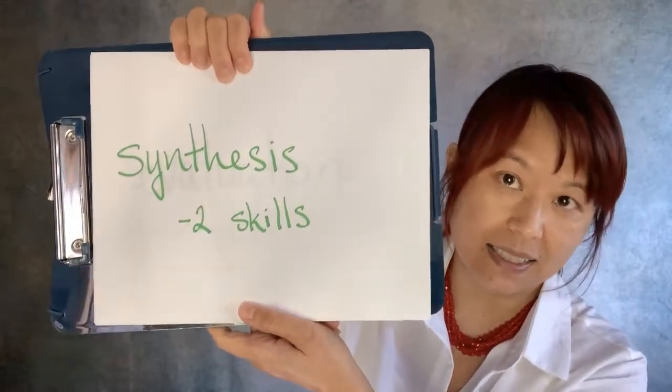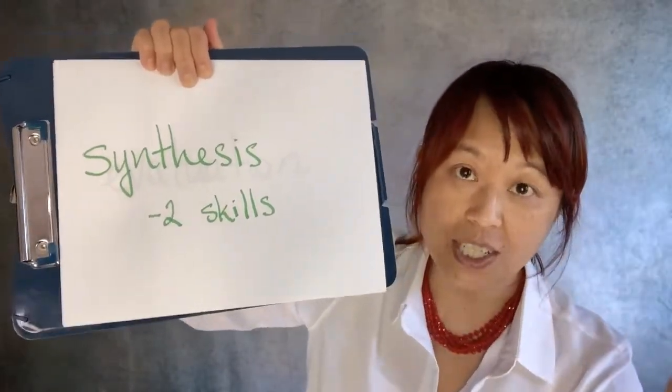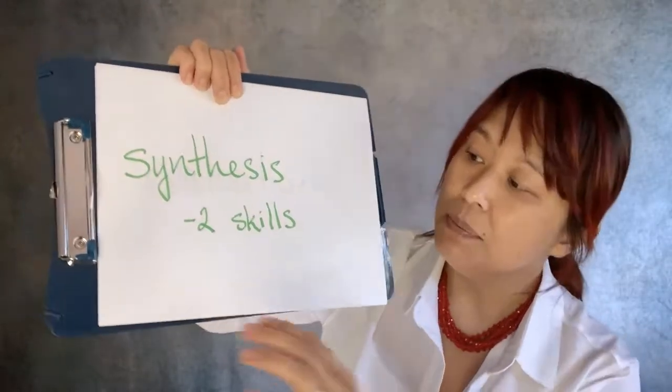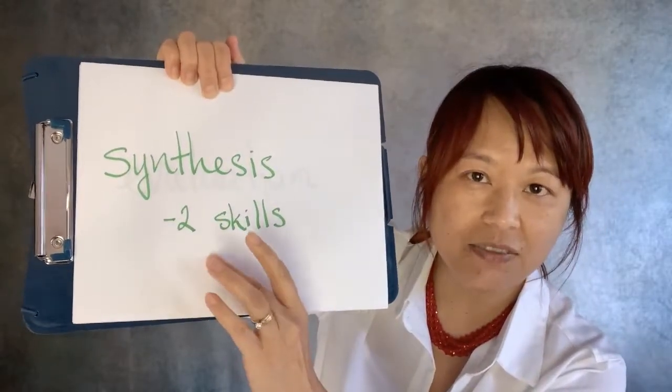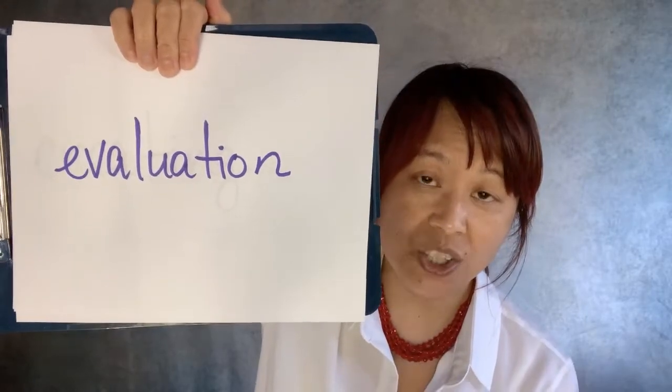So communication, one skill. The other skill is synthesis, okay? And I should say synthesis is an overarching thing that we do for collaboration, but there's two smaller skills that are involved in that. The first is the ability to evaluate. Think about when you get constructive feedback, you don't necessarily take all of it.